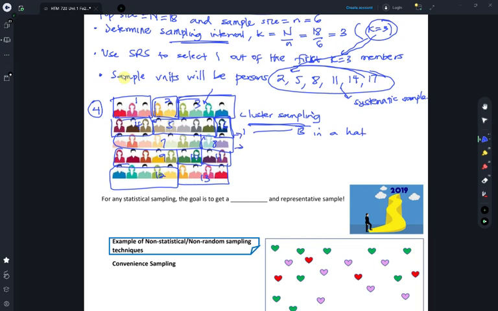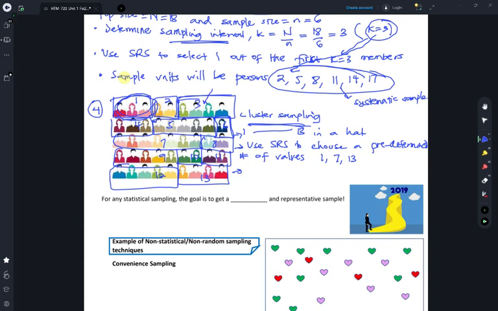Then I'll use simple random sampling to choose a predetermined number of values. Let's say when I use simple random sampling, I picked 1, 7, and 13.